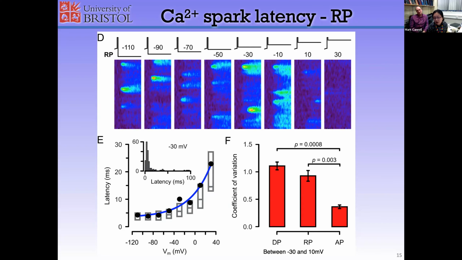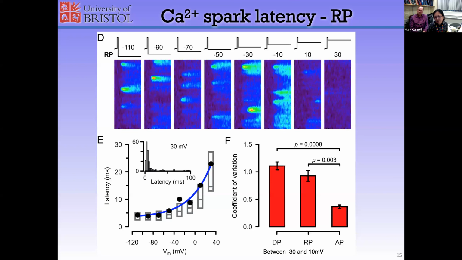However, what was surprising was that when we measured the coefficient of variation during AP, it was much, much smaller than in either of the other two protocols. This is surprising because during AP, you still have the stochastic gating of L-types and RYRs, as well as the added variability of the action potential changing over time.